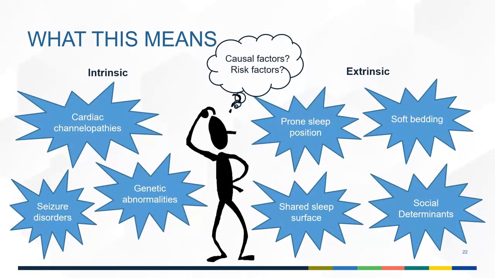It's also important for us to consider how social determinants of health impact access to or receipt of screening for intrinsic factors and the ability of families to adhere to extrinsic preventive factors. So the need to collect data that can help elucidate that is critical.